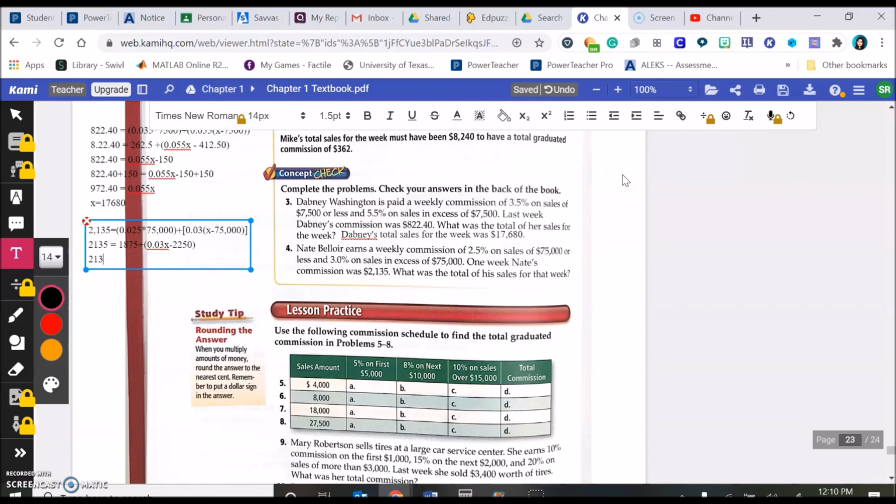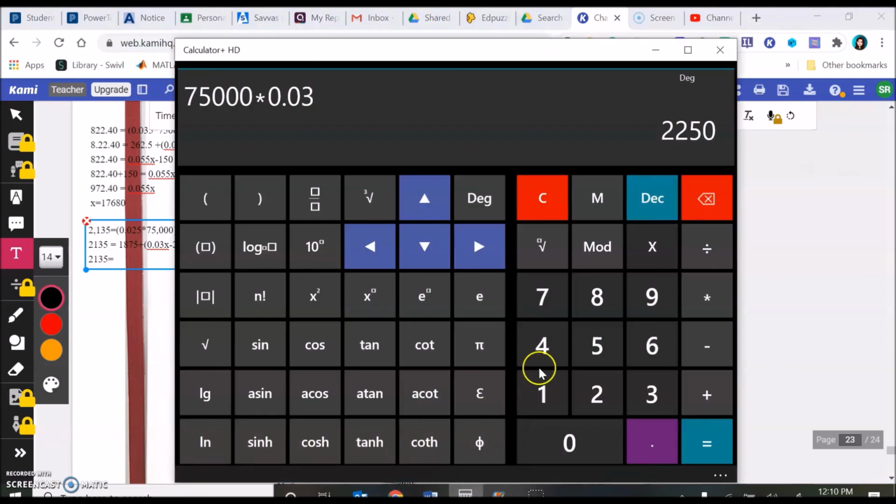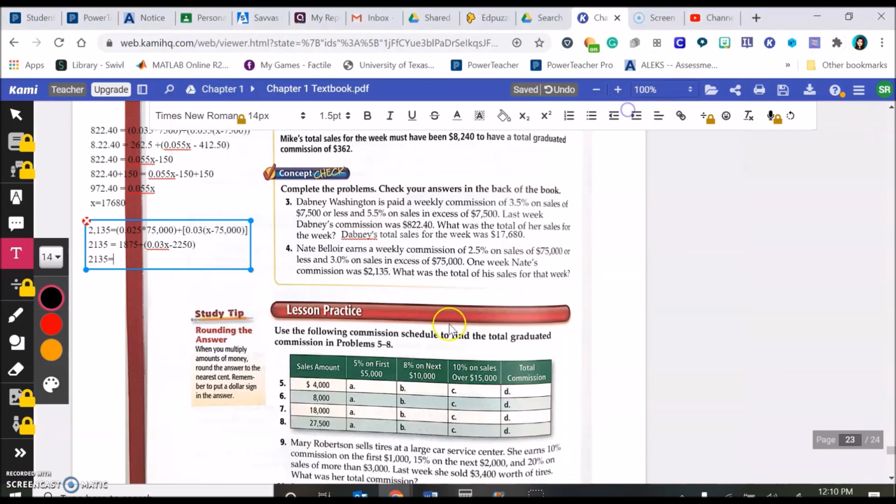I simplify that: 1,875 minus 2,250 is minus 375. So 2,135 equals 0.03x minus 375.